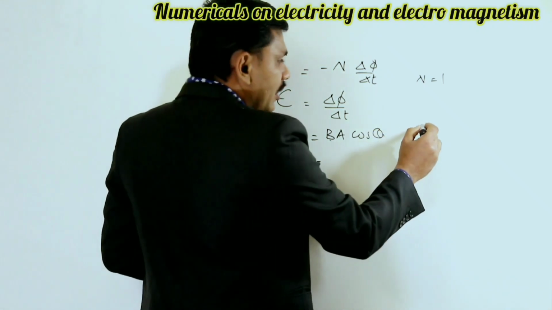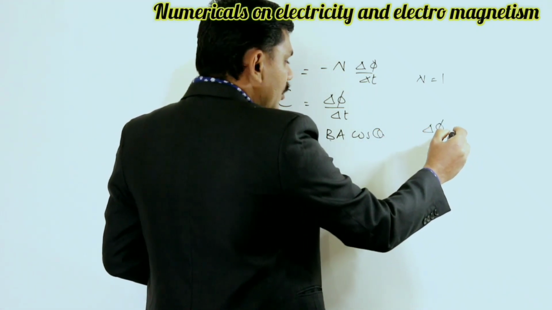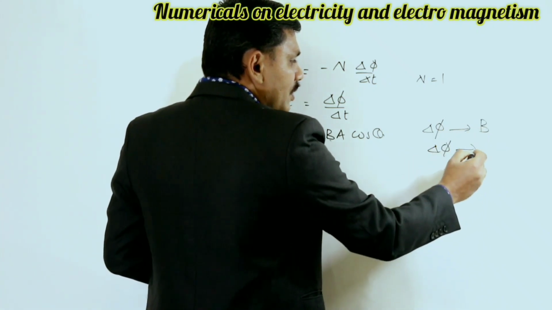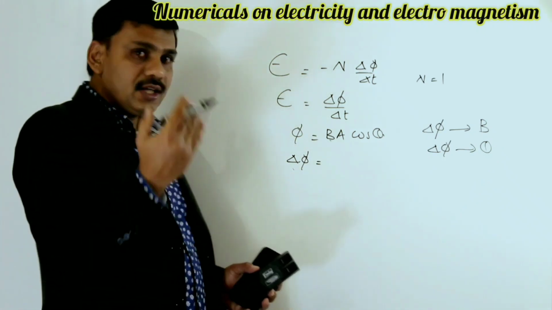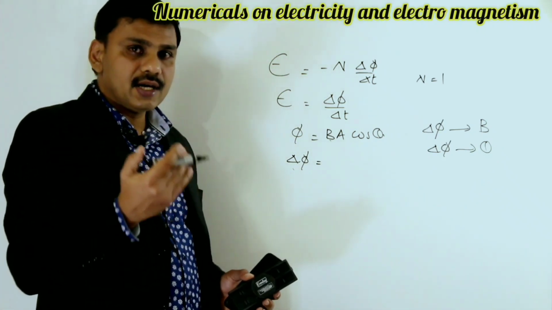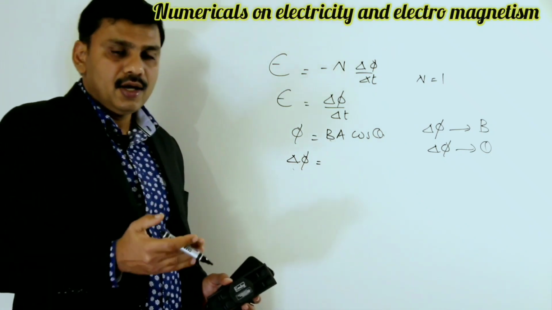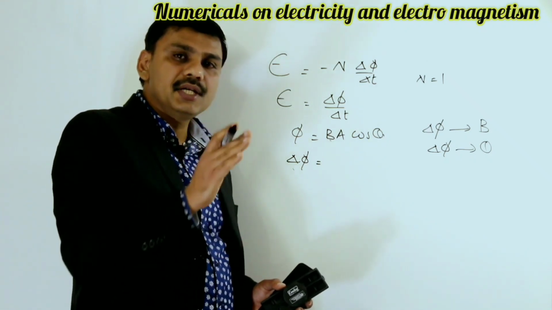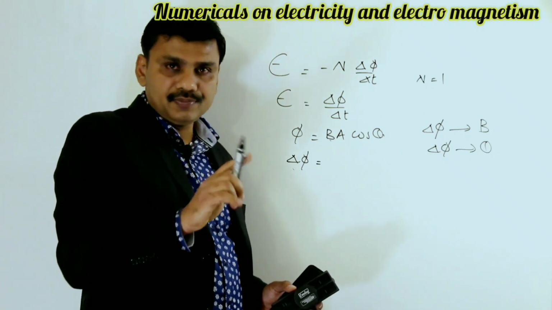So delta phi is produced because of the change in B or the change in the angle. So always remember the angle is the angle between the magnetic field and the normal of the coil.